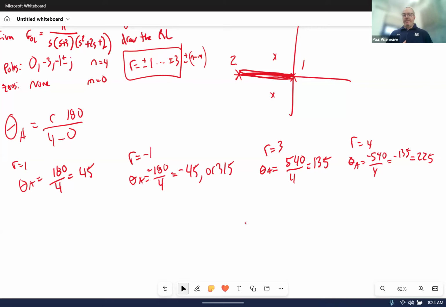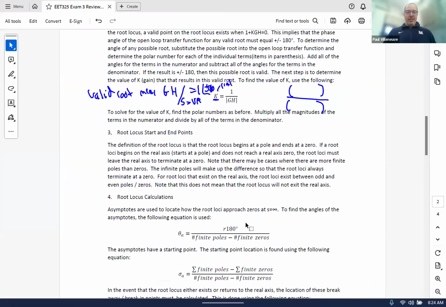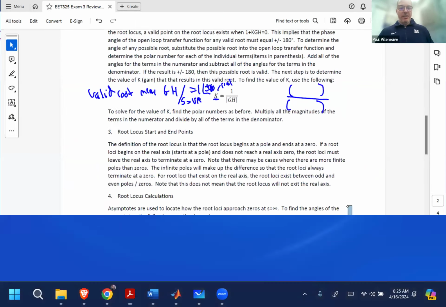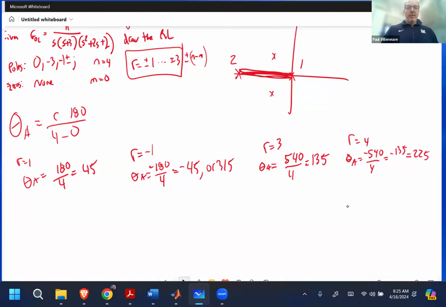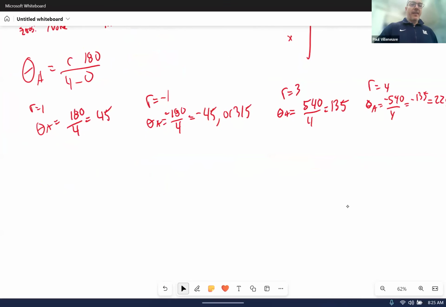Those are my 4. Now I need to calculate the center point, the sigma sub A, which is the sum of the finite poles minus the sum of the finite zeros divided by n minus m. Is it finite zeros or finite poles? Finite poles.